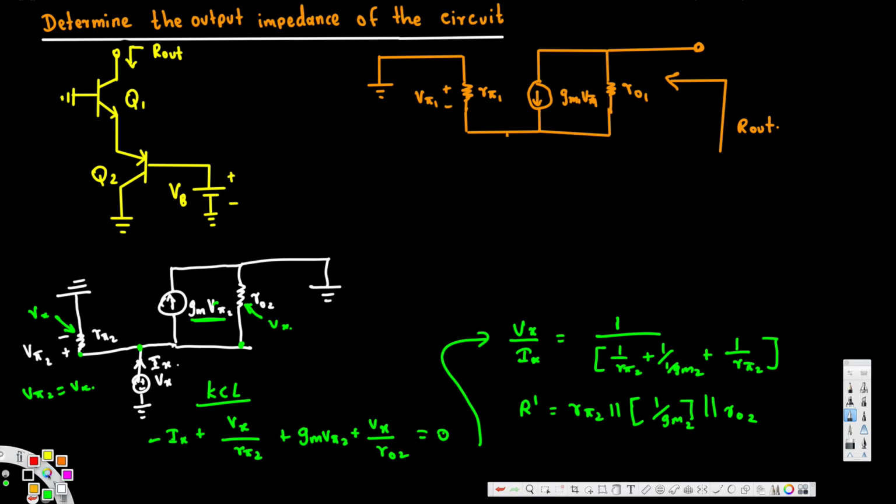Okay, let's use a different color. Now I'm going to apply KCL here. I connected all to the R prime because we simplified the whole thing, the bottom part, to the R prime.